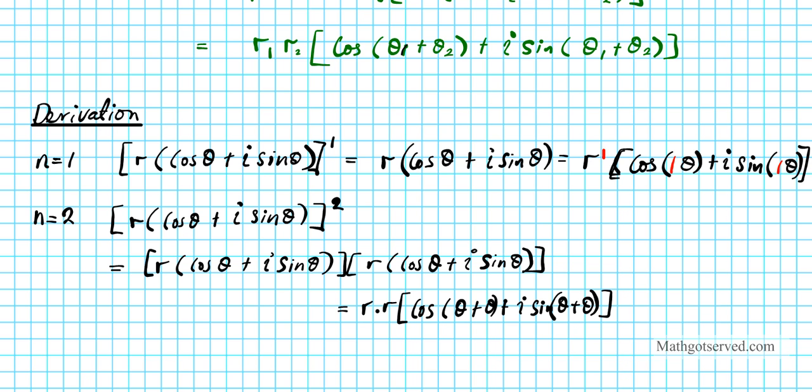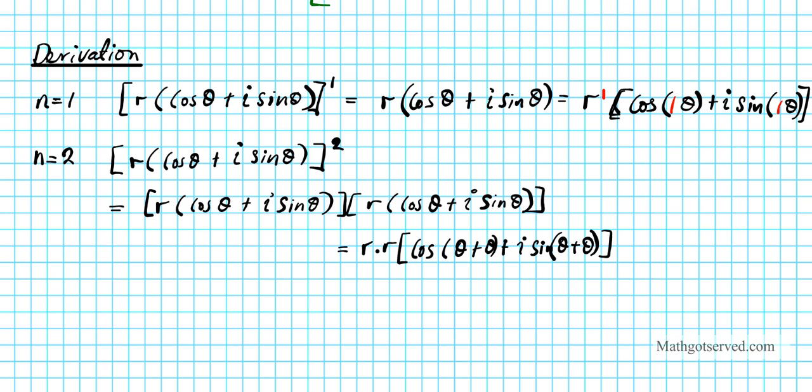Okay, so what does this simplify into? It simplifies into r times r, which is r squared, times cosine 2 theta plus i sine 2 theta also.